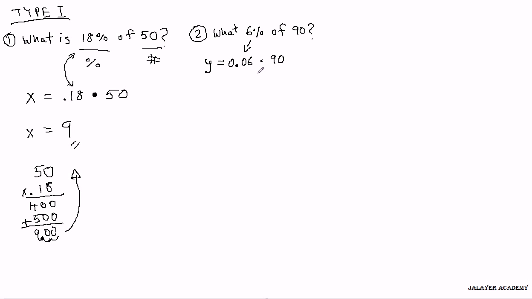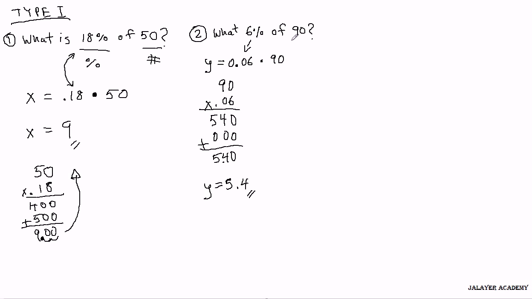Whenever you're asked what is 6% of 90, you multiply 6% by 90. And if we do that on the side here, you'll get 540, and we go over 2 decimal places, and we get y equals 5.4. So 5.4 is 6% of 90.